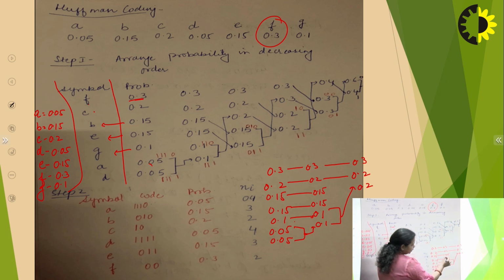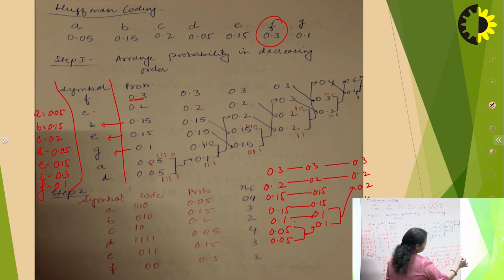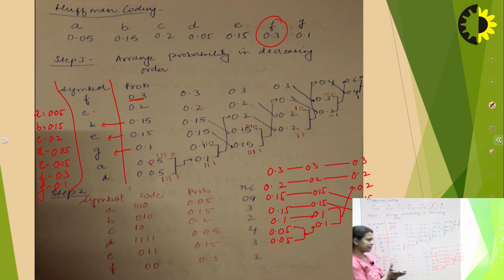And now these two 0.15, 0.15. So first this 0.15 will come here. And this 0.15 will come here. Right? I think now this is clear to you. First we have arranged according to the decreasing order, and then we are doing the addition from the last two probabilities. So whatever answer we are getting, we are just adjusting that answer as much as high we can.